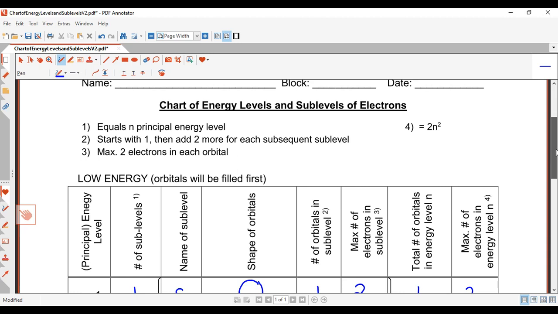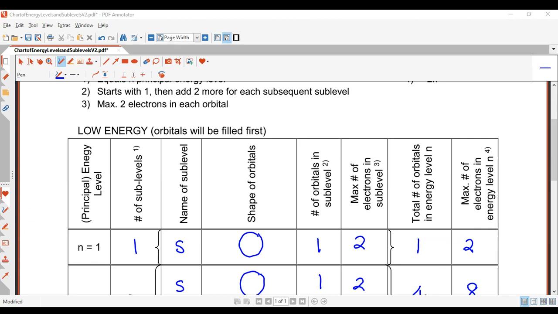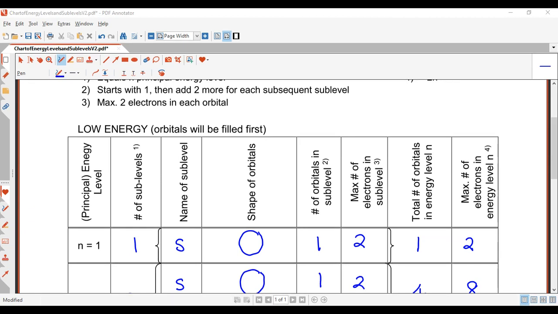And once you know your electron configurations, which are actually pretty easy, it's going to be pretty easy for you guys to actually figure out the number of orbitals, the number of electrons, and so on for a particular energy level. Okay, so good luck on the next step, and make sure you're watching the next screencast.